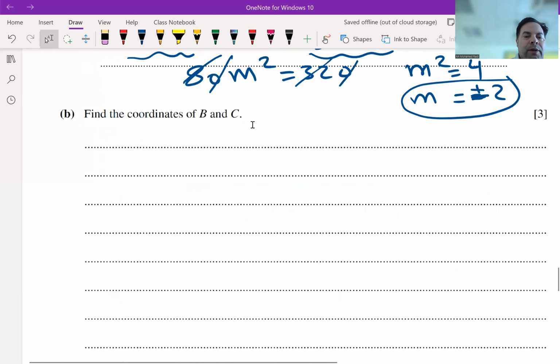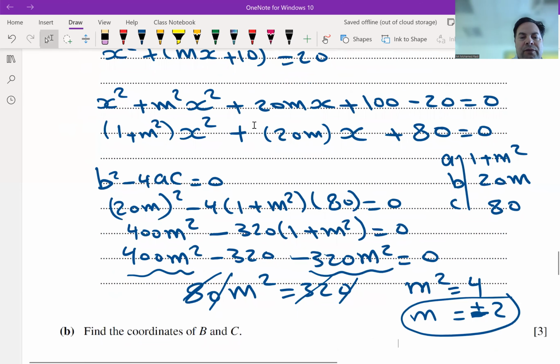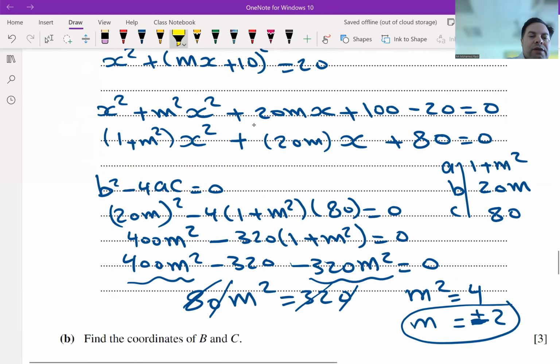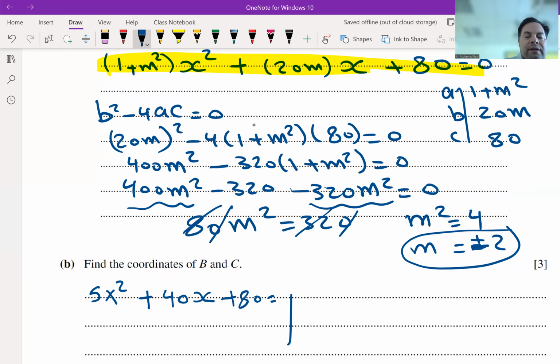Part B, find the coordinates of B and C. After finding m, it's better to go to this equation, remove m and write positive 2 and negative 2. Positive 2 will give 5x squared plus 40x plus 80 is equal to 0.